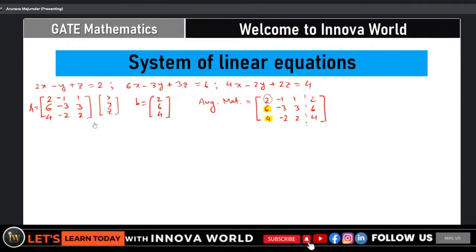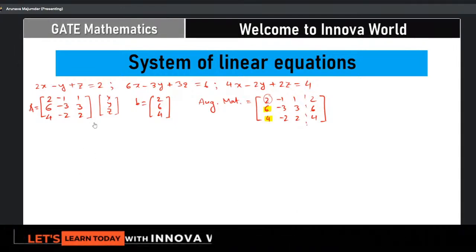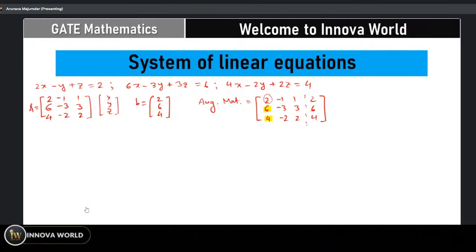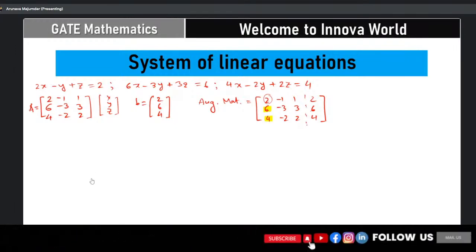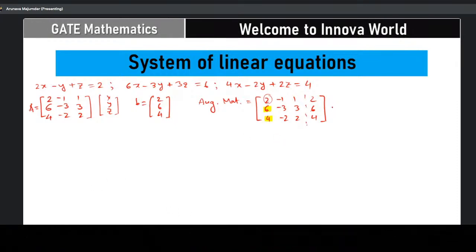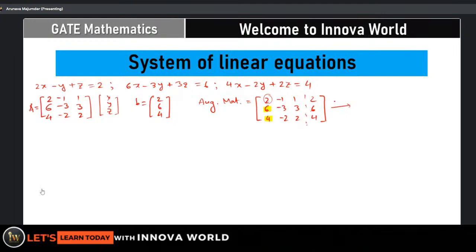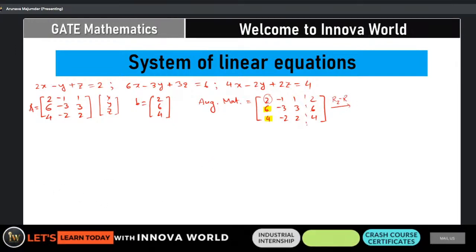Like r2 minus 3r1, that can also be done.